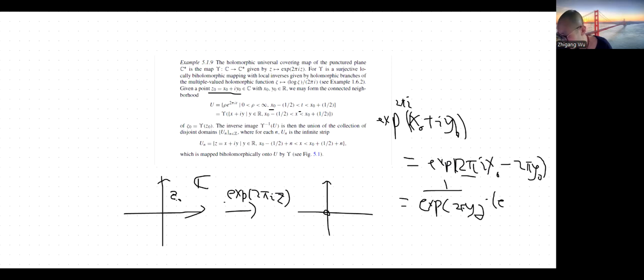So maybe I use the sine and cosine: cosine of 2 pi x naught, sine of 2 pi x naught. I think I switched them, so it should be cosine, sine.